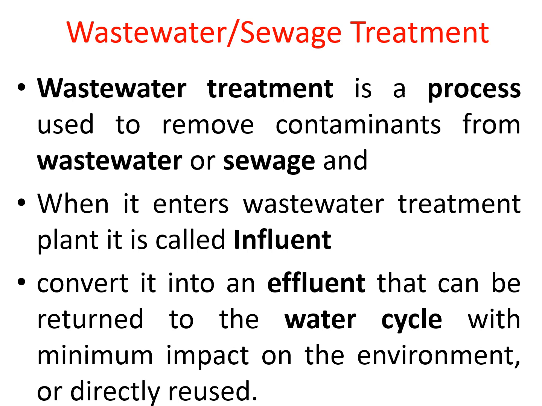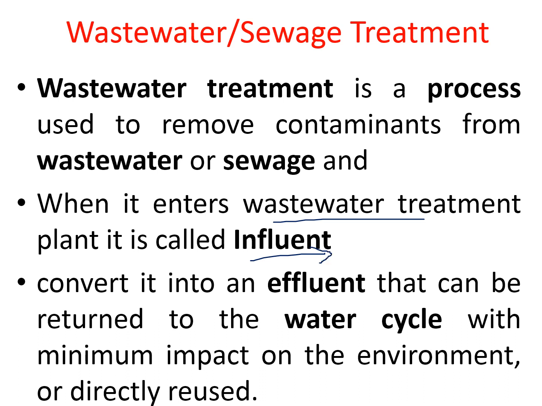Basically, whatever domestic wastewater comes out from the community is generally called sewage, and wastewater treatment is a process to remove all the contaminants from wastewater or sewage. When this wastewater passes through the sewerage network and enters a wastewater treatment plant, it is called influent.